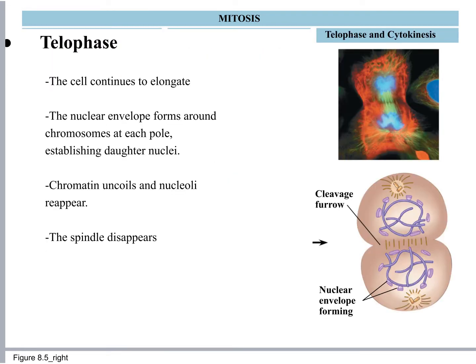And then that brings us to telophase. The cell is still getting a little bit longer. And one of the things I want to draw your attention to also is the nuclear envelope, or the membrane around the nucleus, is now coming back. It's going to reform. Another thing to look out for is this. That's what we call the cleavage furrow.